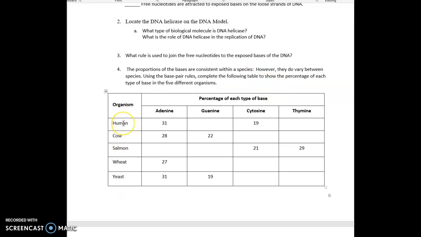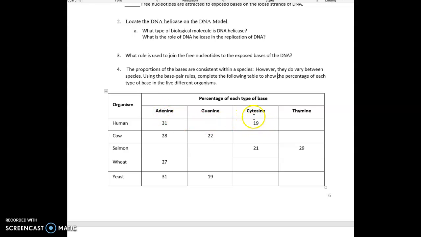Okay, you got the human species, and remember A is adenine, and your G is guanine, C is cytosine, and T is thymine. So here's the nitrogenous bases, and in the human species, we have 31% of the DNA sequencing is adenines. So 31% is made up of A's.